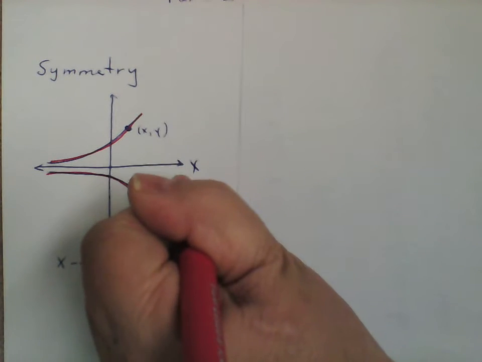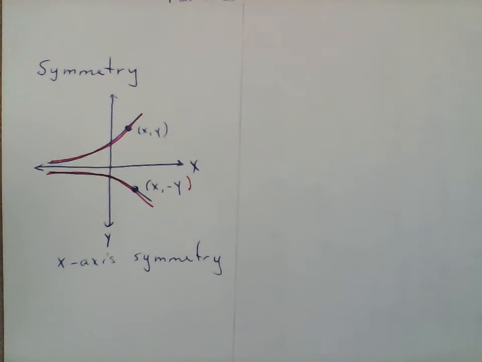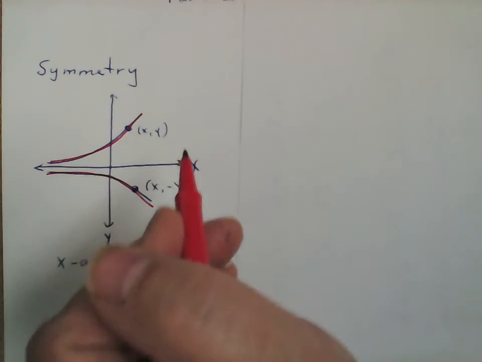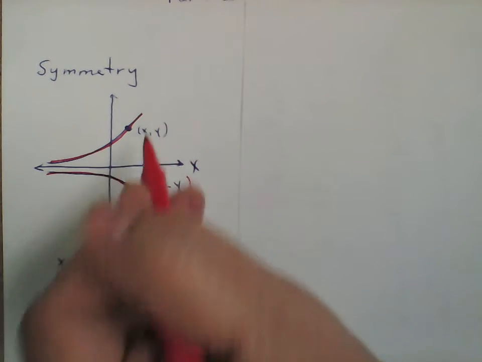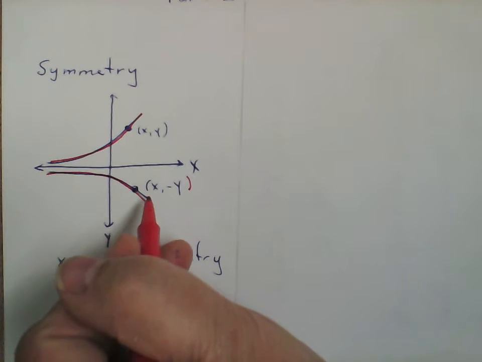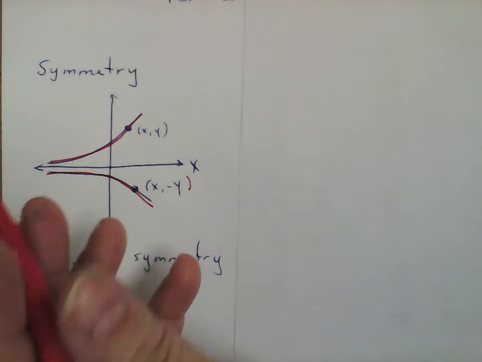I forgot to put that in parentheses on there, right? We're changing the sign of our y value. Our x points would be the same. If this was 1, 4, this would be 1, -4, right?